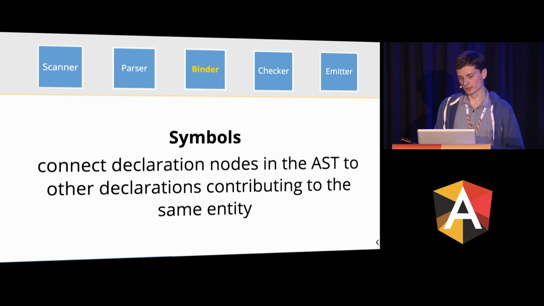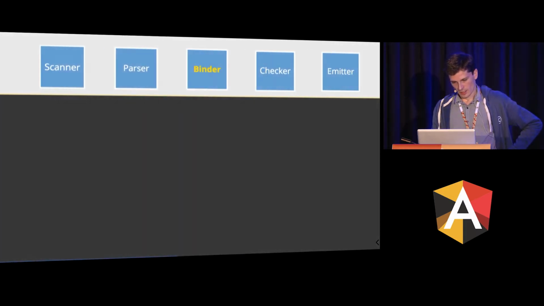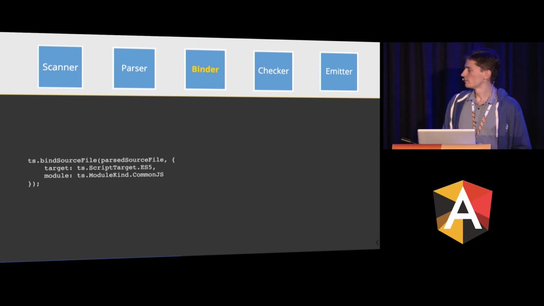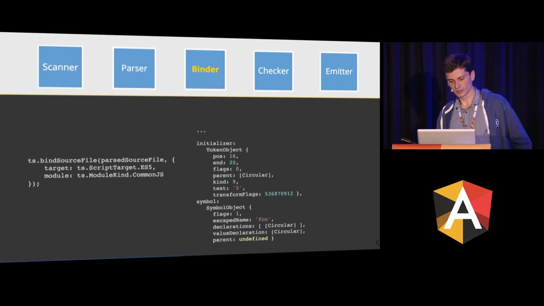It's the first part of TypeScript's internal checking. If you take the previously parsed source file from the parser and supply it to the bindSourceFile API, the binder will enhance our AST with all the symbols it finds inside.